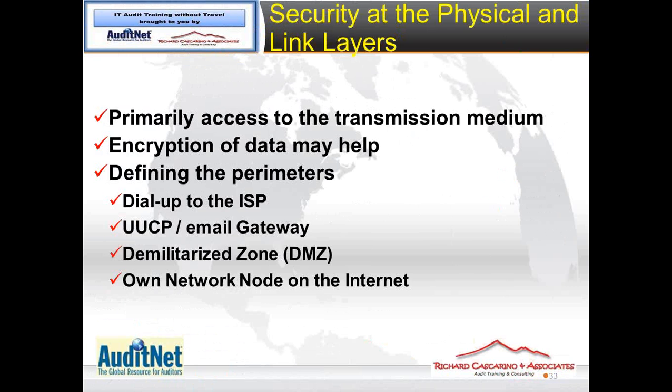In many systems, those still exist. We don't use dial-up in 99.9% of the cases, but it's still there in the software. And because we don't use it, commonly, we don't guard it. It's not spelled out in our firewall or in our email gateways. Use of demilitarized zones, DMZs, and having our own network node on the internet.